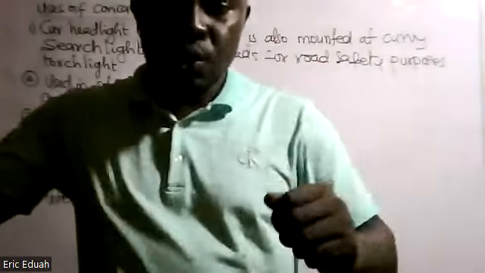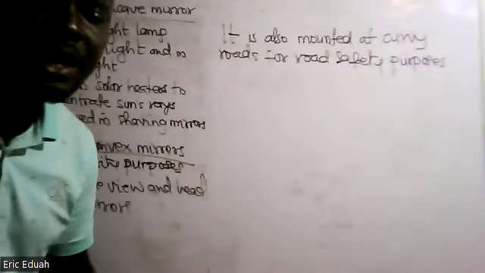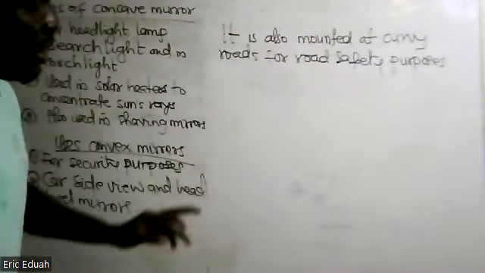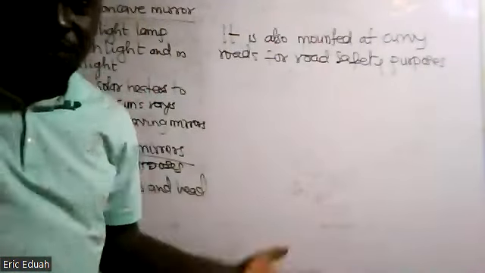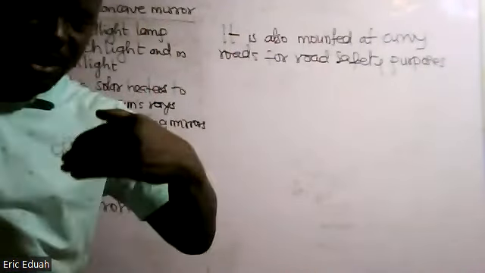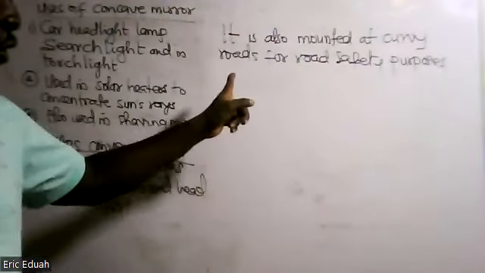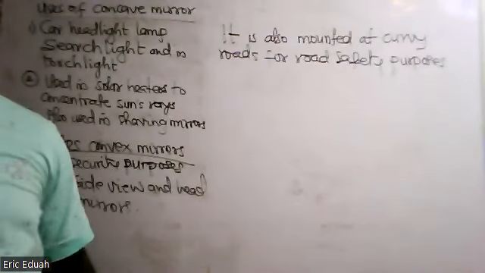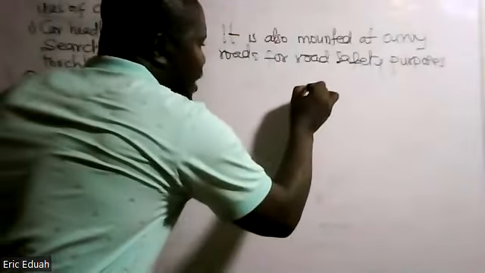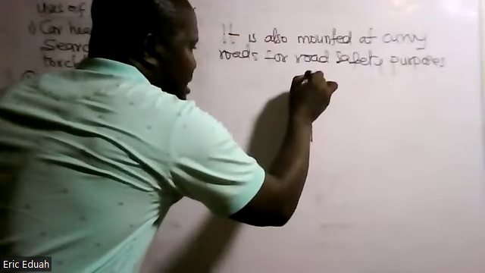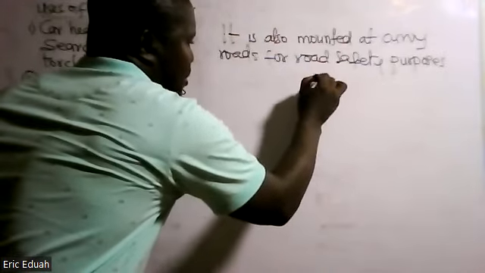So when you drive around areas where the road is curvy, you see very, very big convex mirrors mounted around for road safety purposes. Okay, and this is the reason. You see, if you have a certain length, let's take this length of the plane mirror.